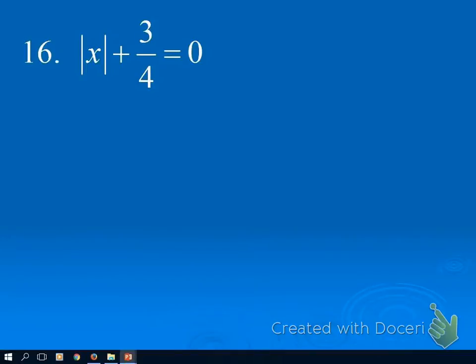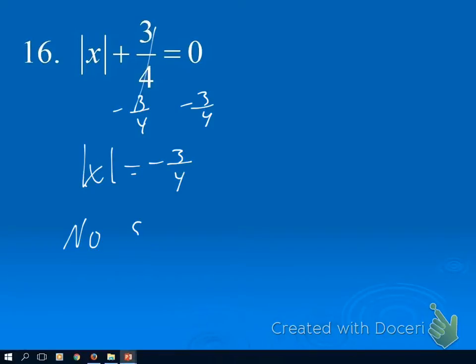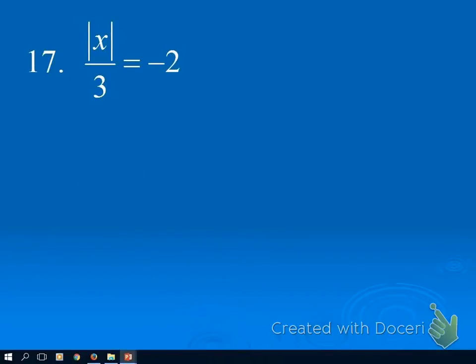Okay? Same deal here. Subtract 3/4, subtract 3/4. Absolute value of X is equal to negative 3/4. Can't do it because it's still a negative. And so this is no solution. These are quick. If you solve for the absolute value bars and then you look at this and you're equal to a negative number, then it's simply no solution.